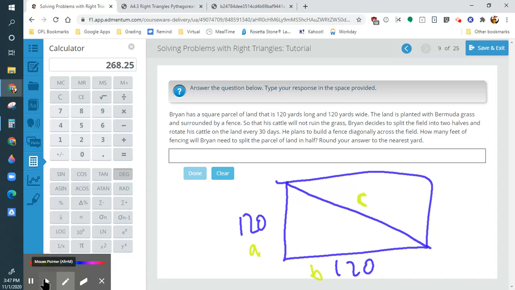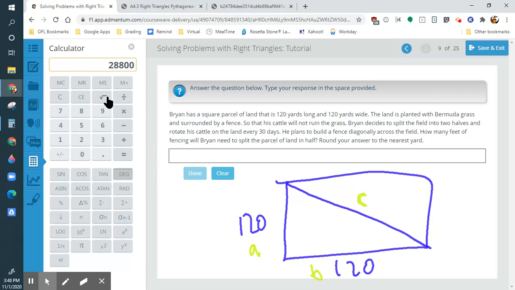So if we're doing that, this A squared and this B squared are the same. So after I do 120 times 120, since these two numbers are the same, I'm just going to multiply this by 2, because this squared plus this squared is just this squared times 2. So I'm just going to multiply that by 2 to get that, and I need to take the square root of it.